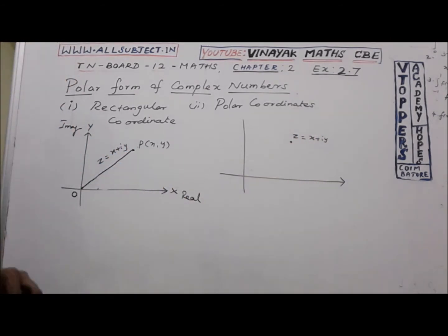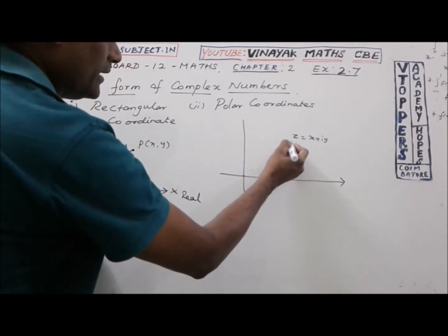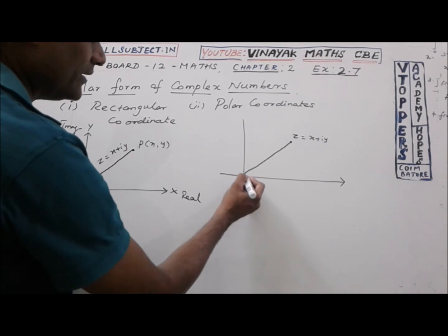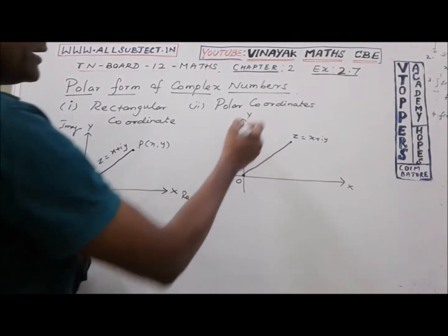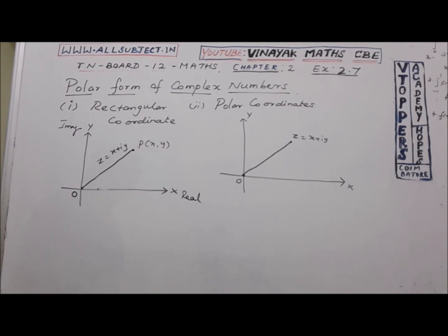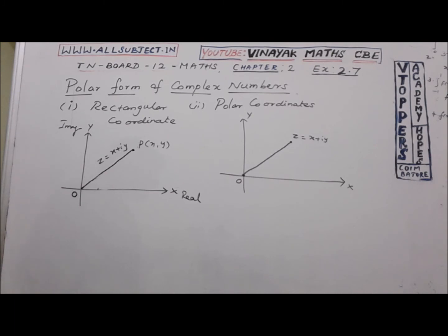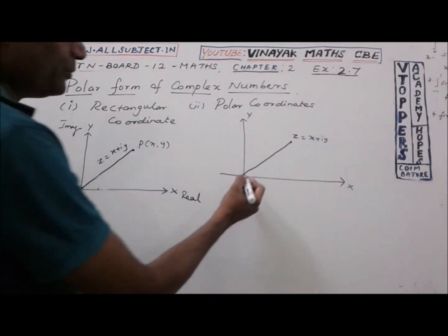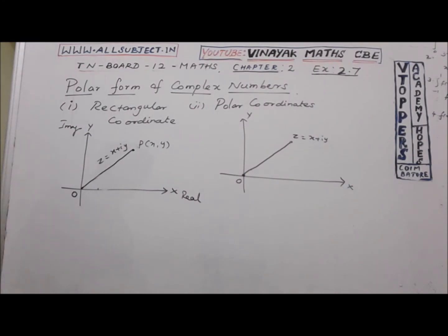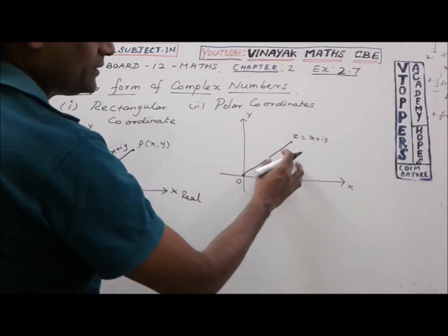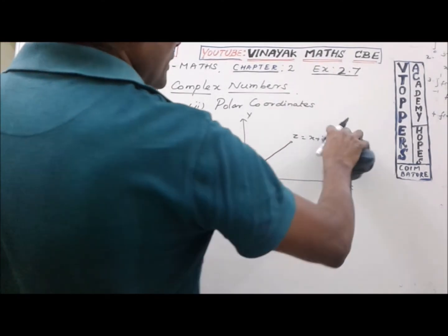From the origin to z there is a distance. This is the real axis and this is the imaginary axis, and the origin is known as the pole. From this pole to the complex number z we have some distance, and the point is taken as P here.